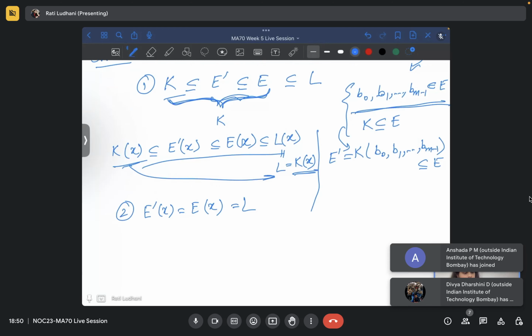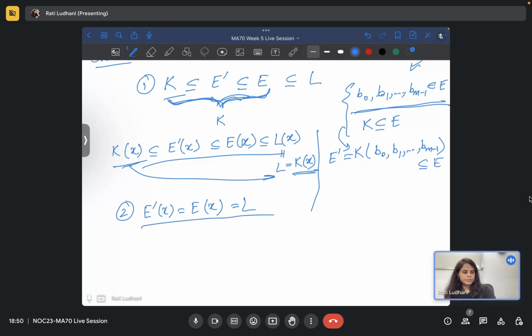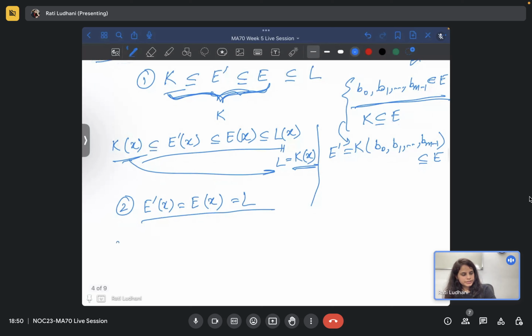Firstly, K is contained in E dash, which is contained in E, and E is contained in L. Now the third thing: I'm claiming that the minimal polynomial of x over E, which you already know, is b0 plus b1x plus up to and so on bm minus 1 x raised to the power m minus 1 plus x raised to the power n.